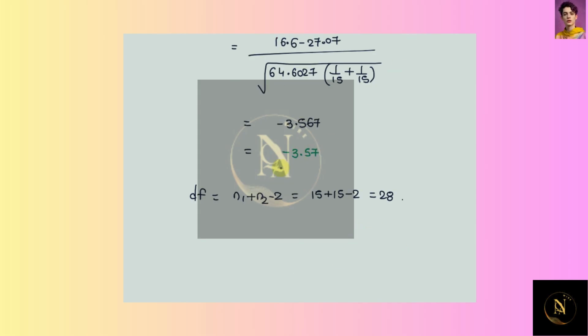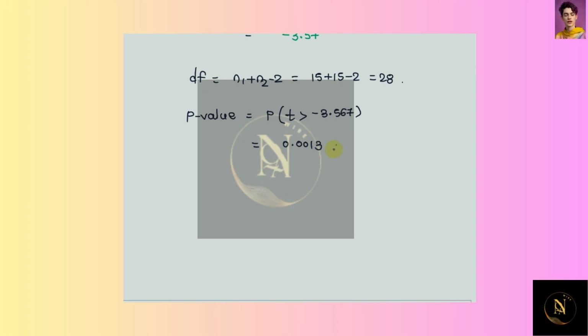Then by using this test statistic value we can compute the p-value. The p-value is the probability that t is greater than minus 3.567, and by using the t table this probability is 0.0013. We know that when the p-value is less than the significance level, we reject the null hypothesis.